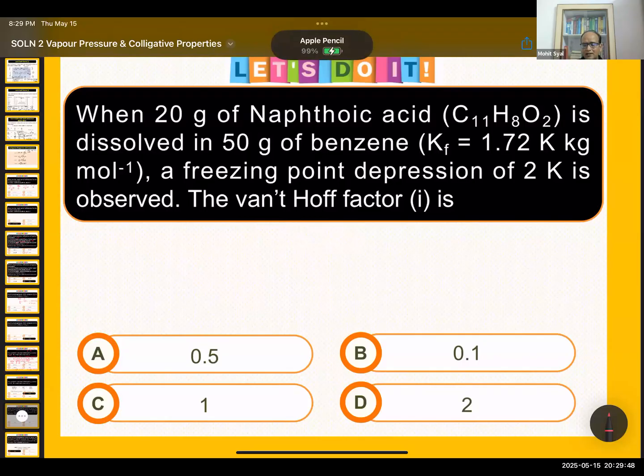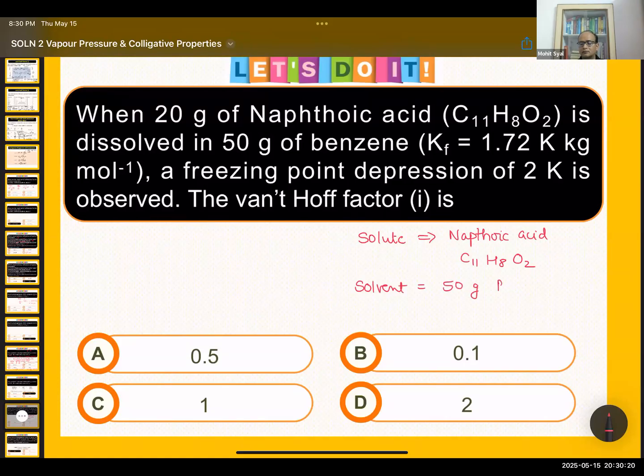So naphthoic acid is the solute, and the solvent is benzene.